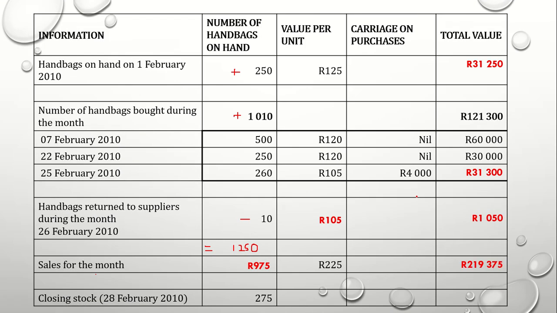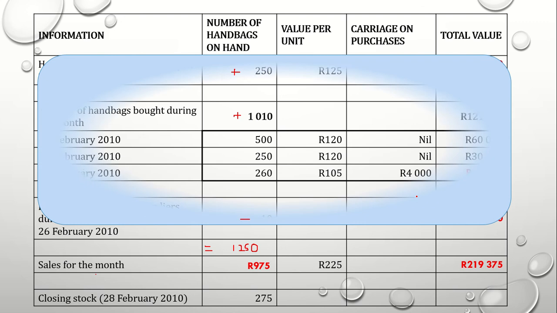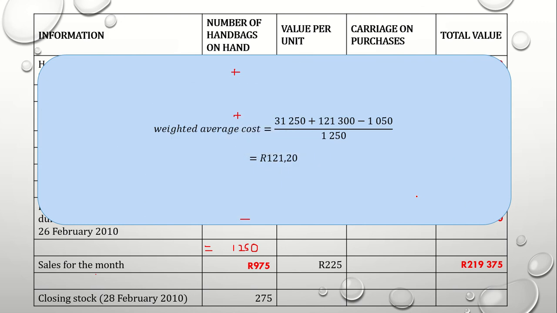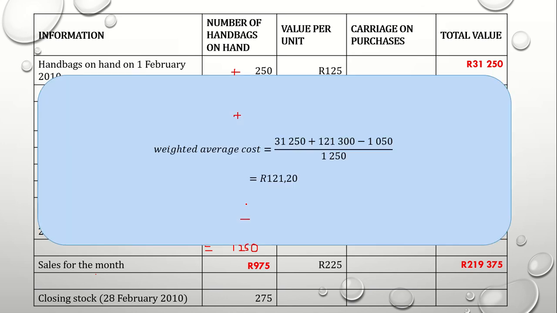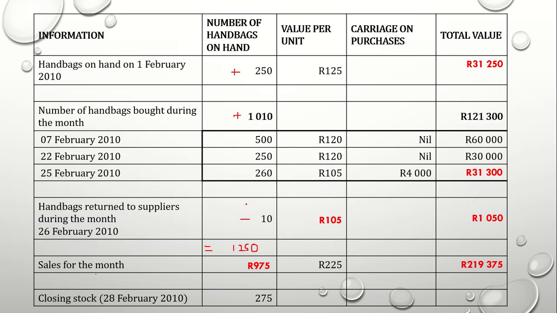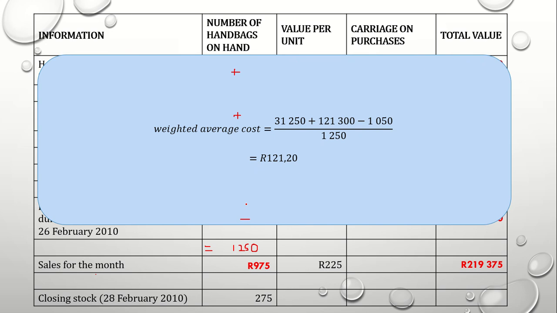Now from there, we're just going to calculate our average price first. Our average price will simply be cost of purchases at the beginning of the year plus cost price of units at the beginning of the year plus cost price of purchases minus cost price of returns, and then divided by 1,250. That 1,250 is made up of, as I showed you, 250, plus your purchases, minus your returns.